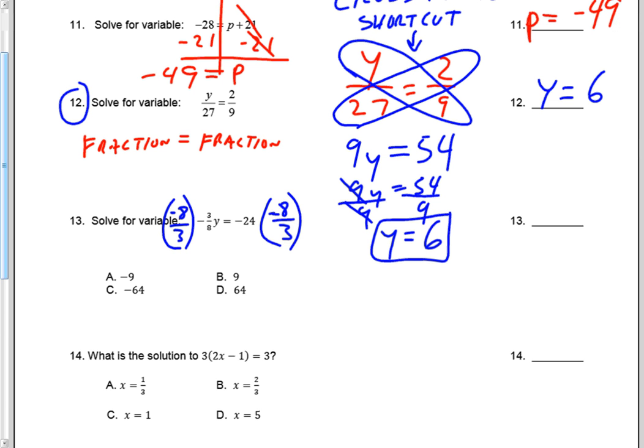It's got to be the same sign, because what's a negative times a negative? That's what we want. We want all of this to cancel out. This goes away, this goes away, this is gone, this is gone. You should get a positive something on this side. What do you get from this? 64.